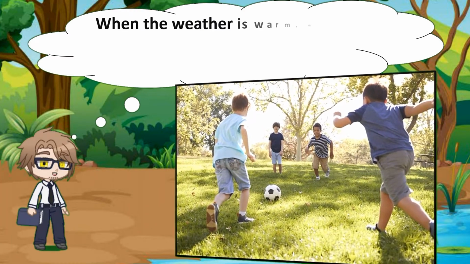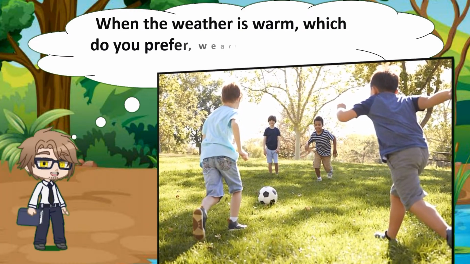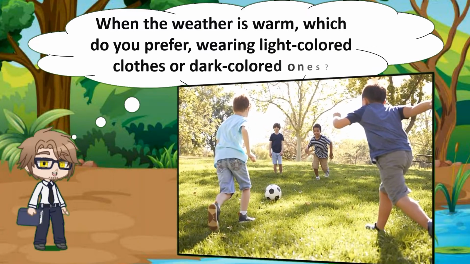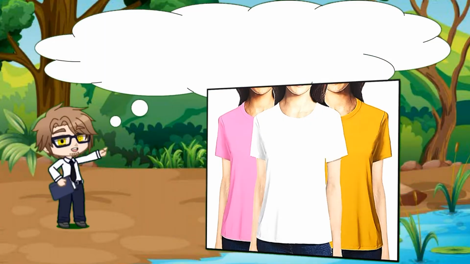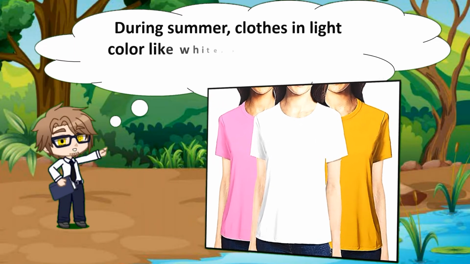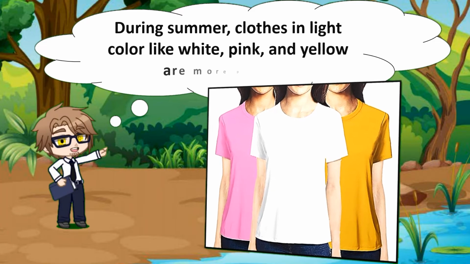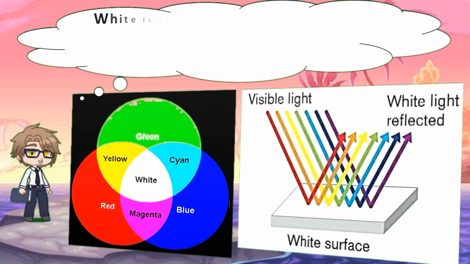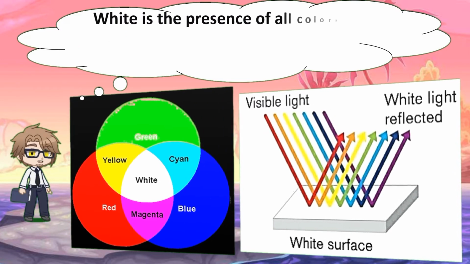When the weather is warm, which do you prefer, wearing light-colored clothes or dark-colored ones? During summer, clothes in light colors like white, pink, and yellow are more popular. White is the presence of all colors.